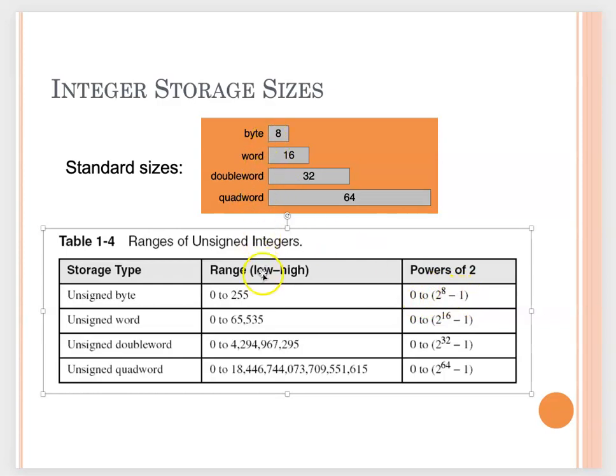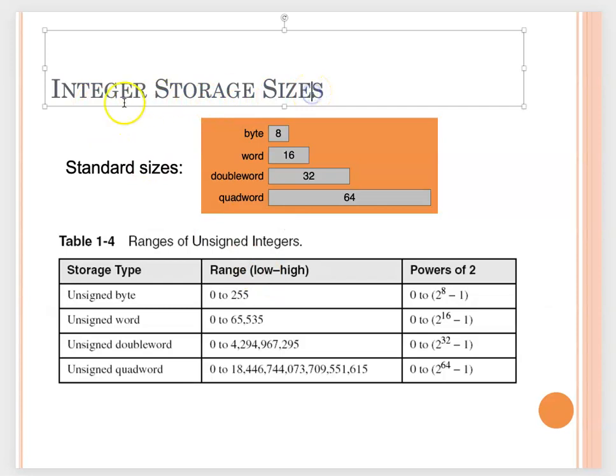This kind of value we just call integer storage size. If they don't specify, integer storage size actually means unsigned integer, because when I save the value, I don't have a sign. So you need to be careful: here we don't really have positive and negative.